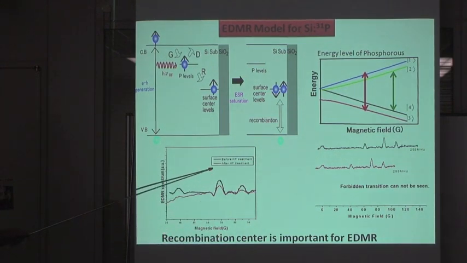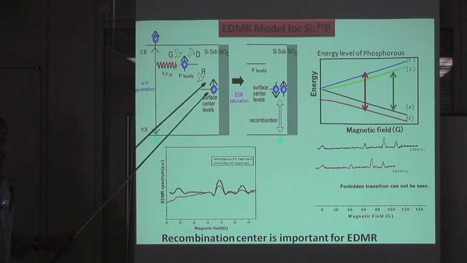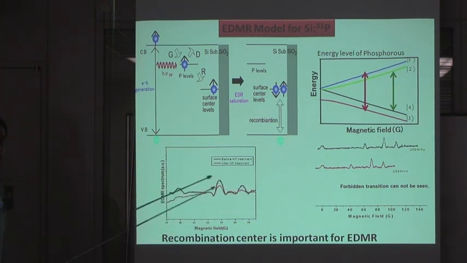You see that after HF treatment, the intensity of phosphorus, these are the phosphorus here, has gone down drastically. So this shows that when you treat your sample with HF, the paramagnetic centers decrease. The paramagnetic centers at the surface, that is surface center levels, decrease. As a result, the intensity of the phosphorus goes down.